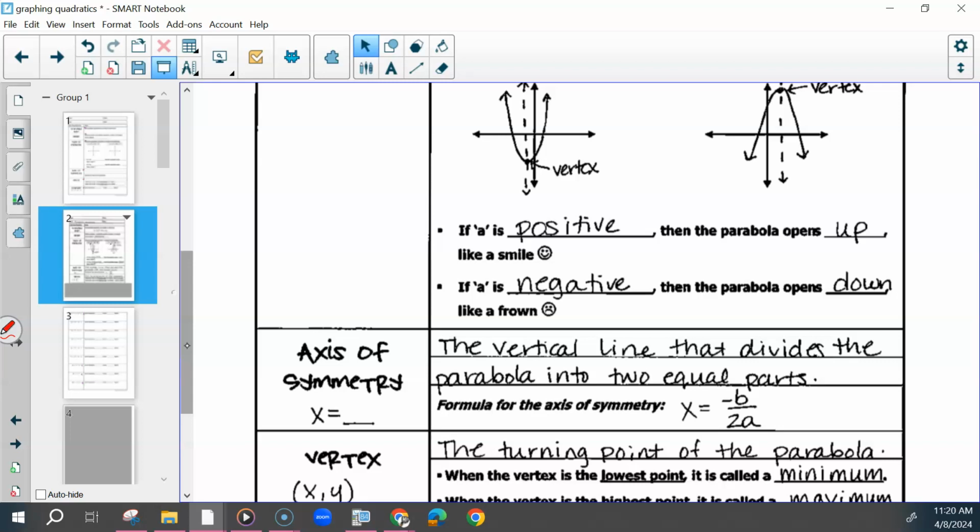So we talked about the quadratic, the parabola, and whether it faces up or down. There's also something called the axis of symmetry. This is a line that basically splits the parabola in half, makes it symmetric, or the vertical line that divides the parabola into 2 equal parts. We find this by using this formula, x equals negative b over 2a.